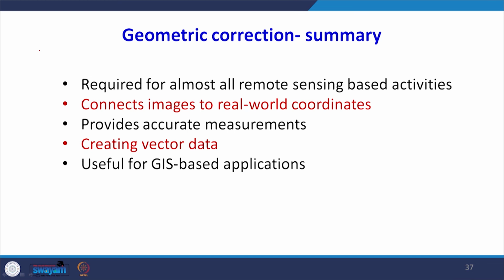You can create vector data. That is what we are also doing in the GIS, for the GIS work. So, a lot of images are used to create vector data, let us say identifying the road network and giving input to the GIS system. So, there are lots of applications, advantages of correcting the data geometrically. So, this is all about the chapter.